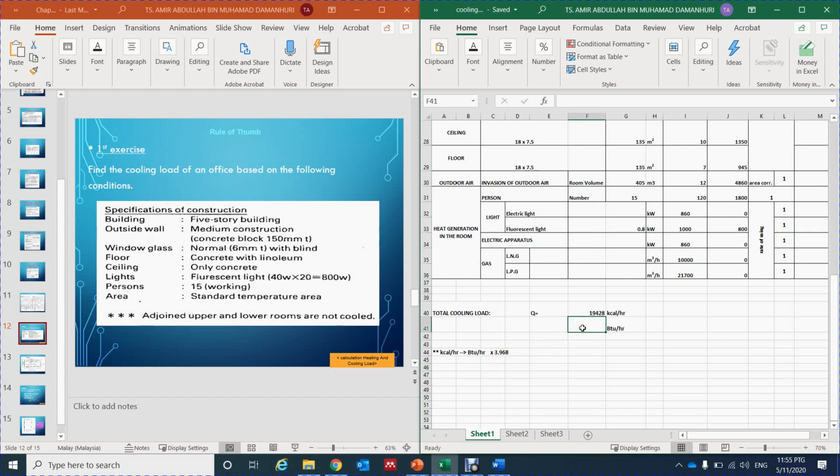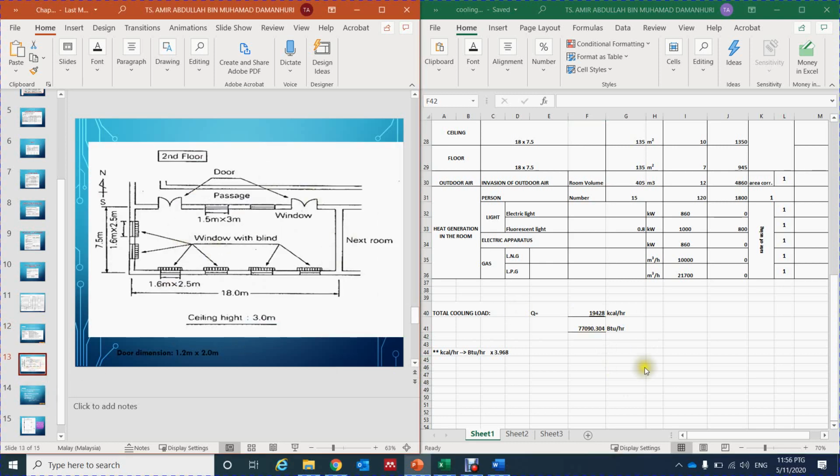So you use the equal sign here, and then you times 3.968, and how much you get is 77,000. So 77,090.3 BTU per hour. So this is the estimation of load, 77,000 BTU per hour for this area of the office here.